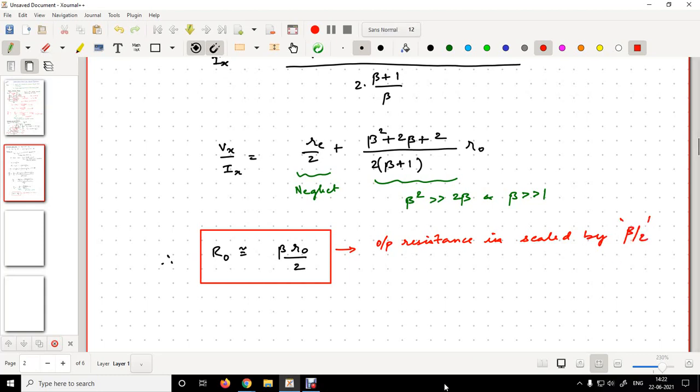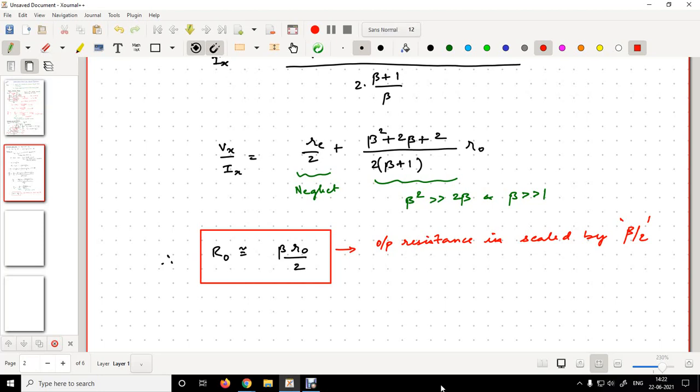If you take a normal regular BJT current mirror, there your output resistance was simply R naught, not beta by 2. It was simply R naught, right? But by using a Wilson current mirror, you're improving the accuracy of your current transfer ratio, as well as increasing the output resistance to beta by 2.